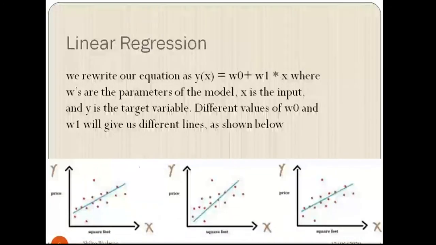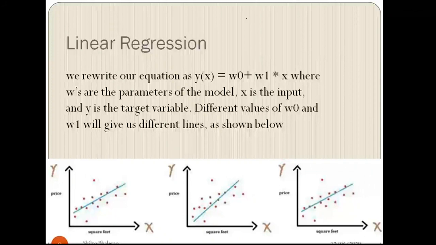Correct? So we can represent our parameters either by B0, B1 or W0, W1. These are known as the weights, and we need to compute the value of Y. So what we have to do is adjust, or tune, the parameters W0 and W1 based on the data.